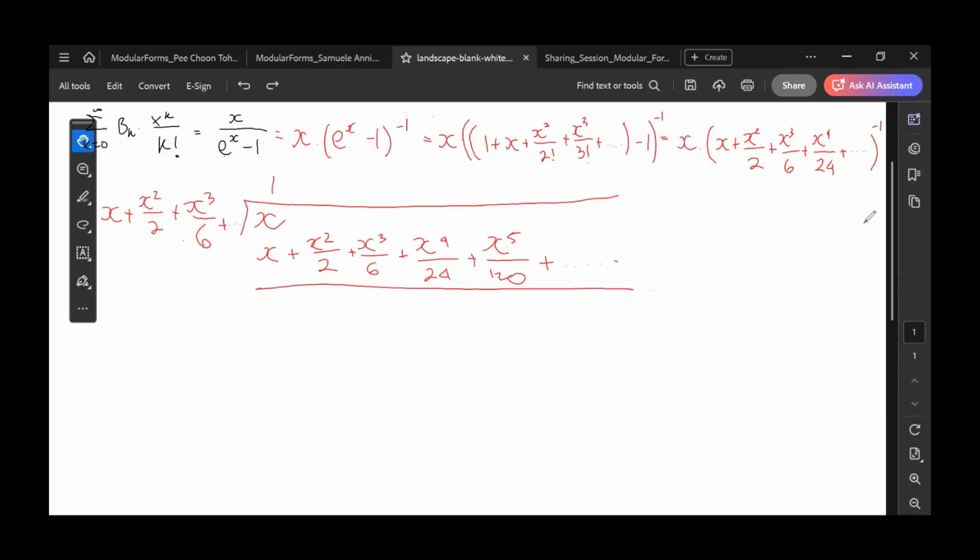When we subtract it, we will have, we can then see that for this to disappear, we need to multiply x by minus x over 2.